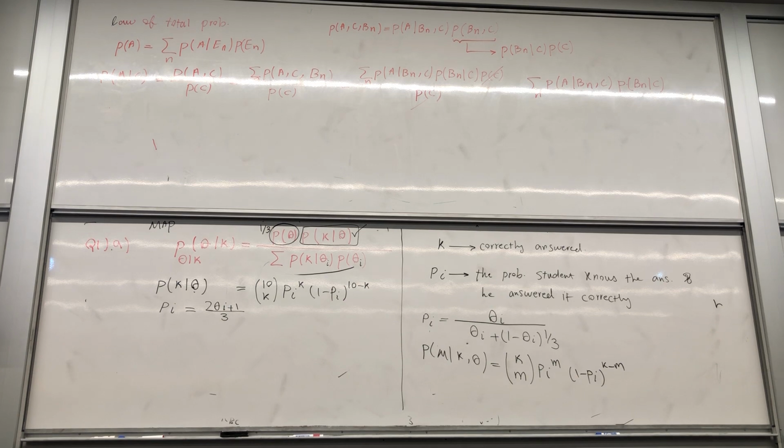The probability of theta i conditioned on K. We found it in the first part, the posteriori of theta conditioned on K. Here it is.